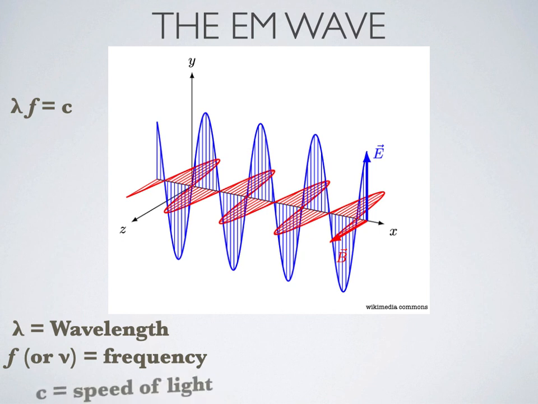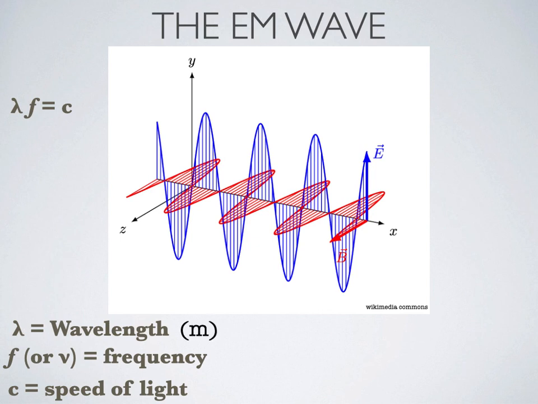And then c stands for the speed of light, because electromagnetic radiation, all of it, is essentially light. Visible light is the part that we can see, but really any part of the electromagnetic spectrum can be considered light, and all electromagnetic waves move at the speed of light.